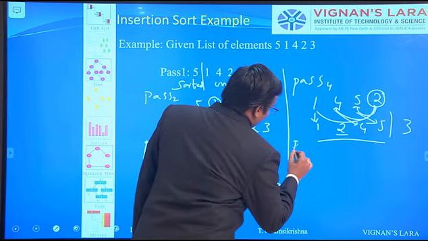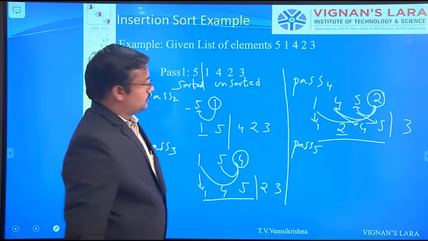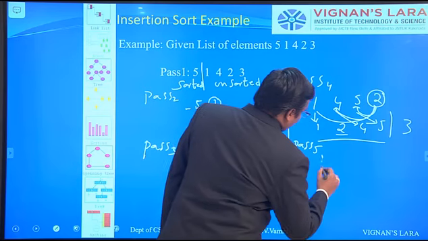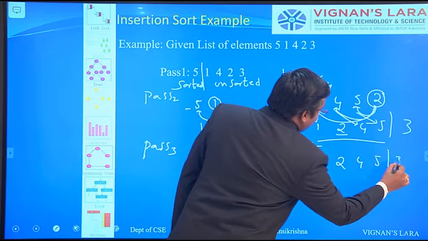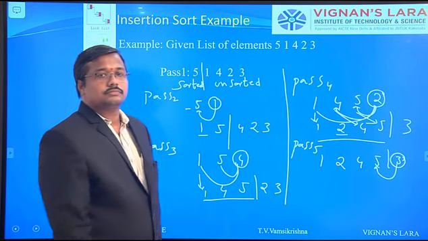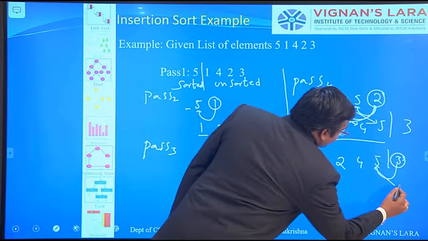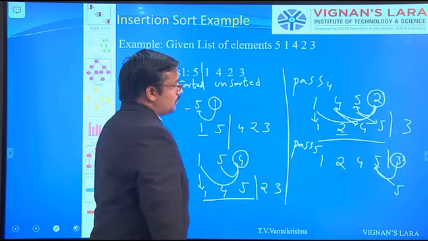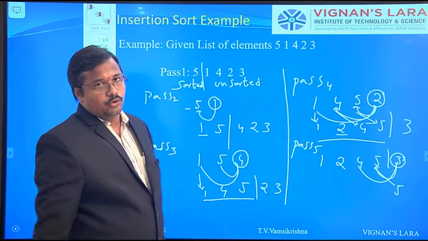So in the pass 5 case, what happens? 1, 2, 4, 5, our element is 3. So 3 is compared with 5. Not a right match, so 5 is copied into here. The next 3 is compared with 4.